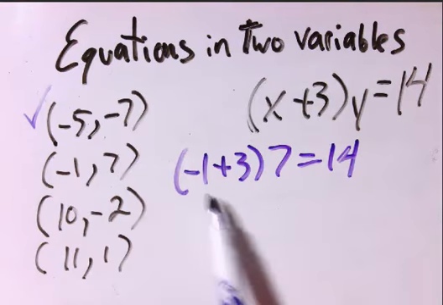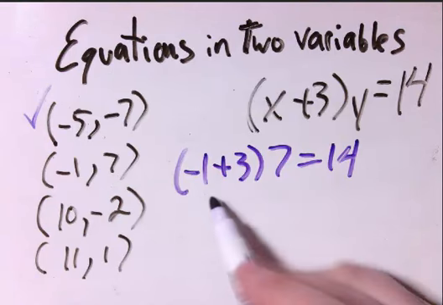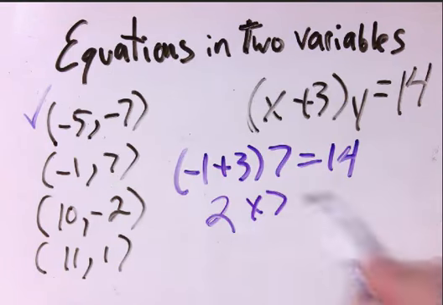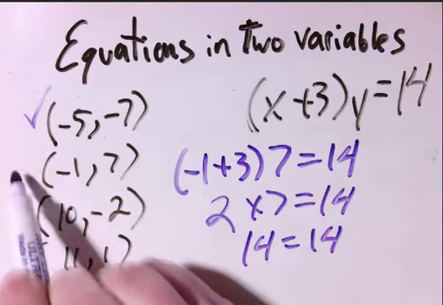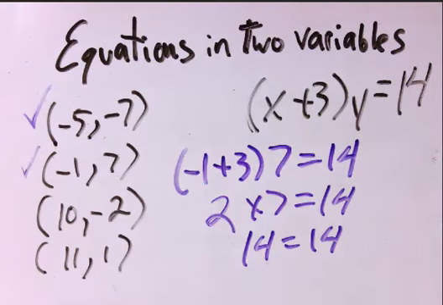So here we can get -1 plus 3 is going to give us 2 times 7, which does equal 14. So we know that this second one is a solution to this equation.